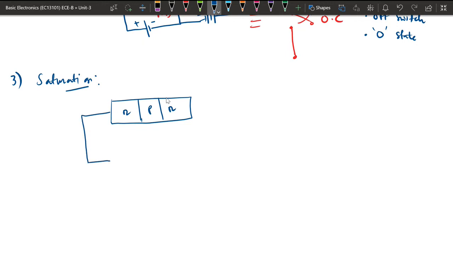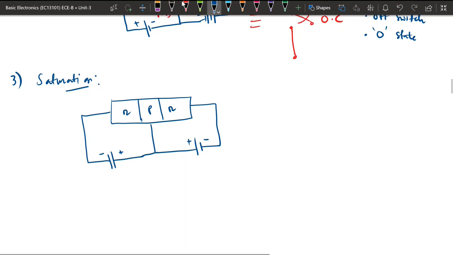Both being forward bias means we need to connect it in reverse mode: N should be connected to the negative side and P to the positive side, and this junction also needs to be connected to a negative terminal and this a positive terminal. So here both are in forward bias.